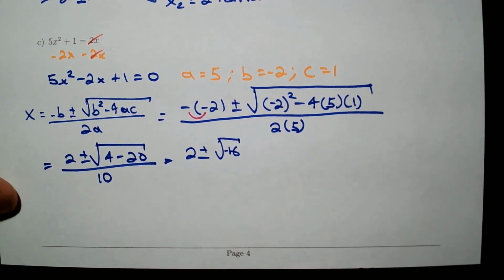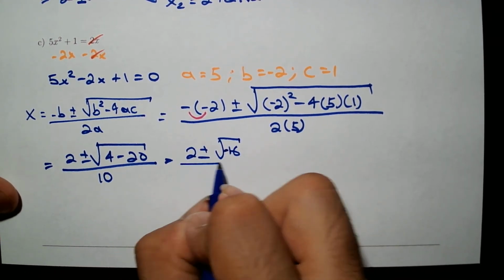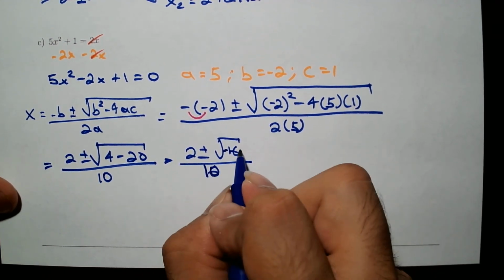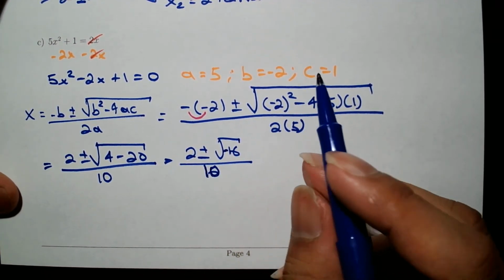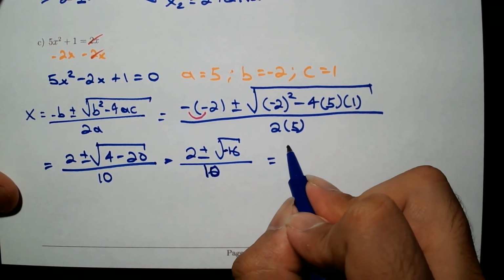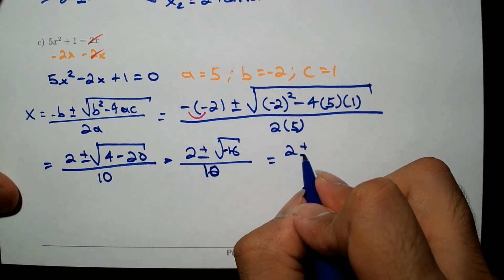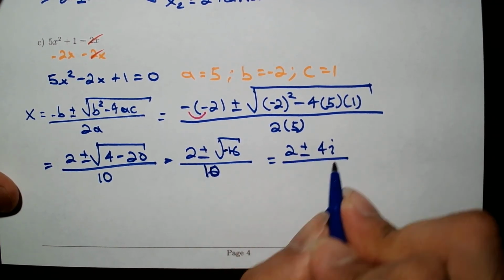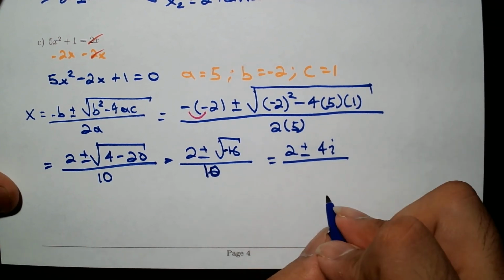negative 16. Okay, negative 16 divided by 10. And the good news here, 16 is a perfect square. What is the square root of 16? Yes, that's correct, 4. But because there's a negative inside, 4i.